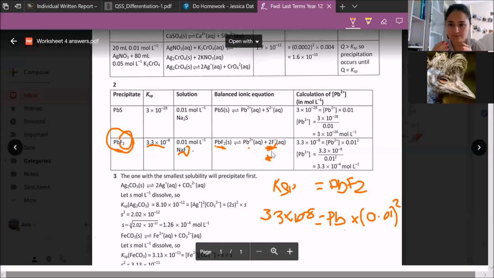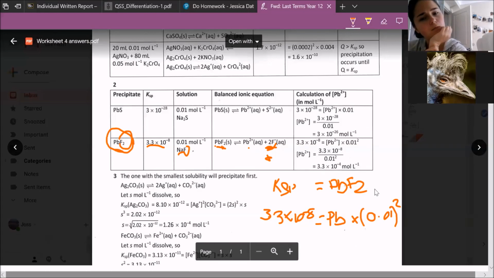So we've got Pb, and then we've also got times it by our 0.01, which is the solution's moles per liter. Yep, but remember it's squared. Why is the solution itself, its moles per liter, squared when it's just the fluoride that's squared in the equation?